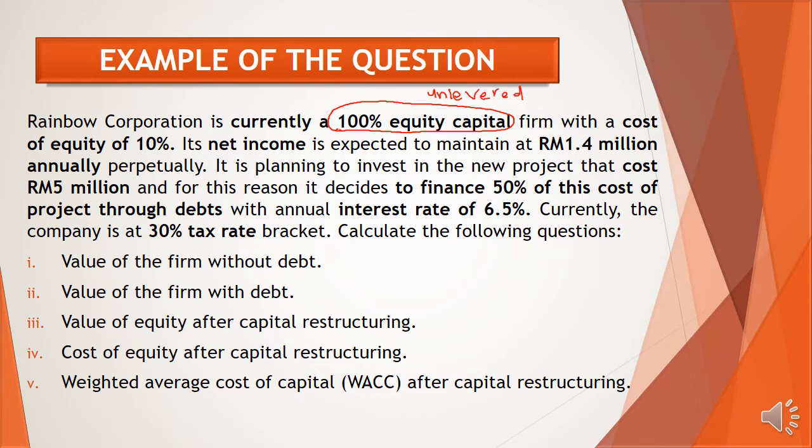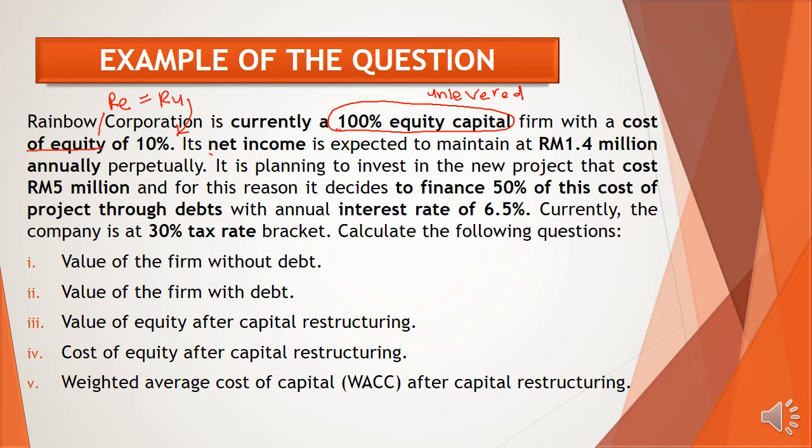Unlevered firm with a cost of equity of 10%. Cost of equity here represents RE, and you must remember that RE for the unlevered firm is also equivalent to RU. So RU is equal to 10%.